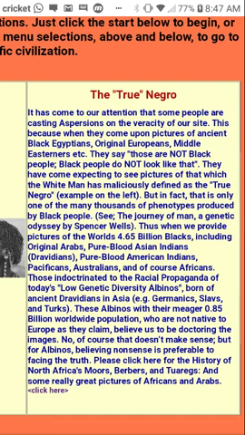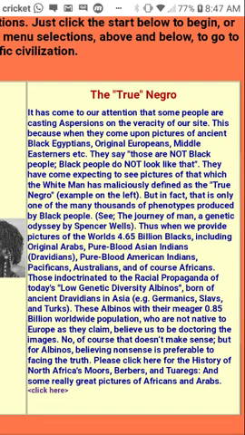Thus, when we provide pictures of the world's 4.65 billion blacks, including original Arabs, pure-blood Asians, Indians or Dravidians, pure-blood American Indians, Pacificans, Australians, and of course Africans, those indoctrinated to the racial propaganda of today's low genetic diversity, non-blacks, I don't use that word, born of ancient Dravidians in Asia, example Germanics, Slavs, and Turks.